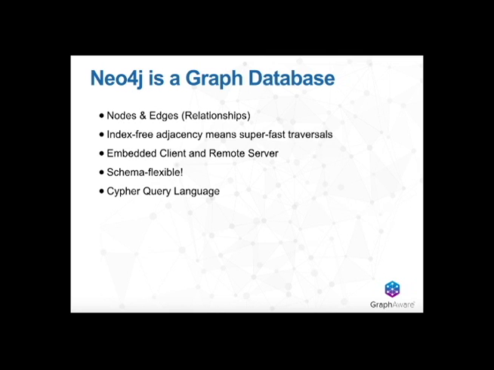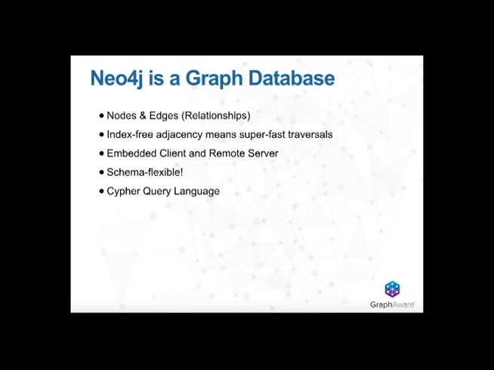Neo4j comes with embedded client mode and remote server mode now as well. So you can either run it locally in your own application, or you can do what most people are trying to do more and more these days, run in an enterprise model where you have a remote server cluster perhaps of databases. A great thing about Neo4j and graph databases in general is that they're schema flexible.